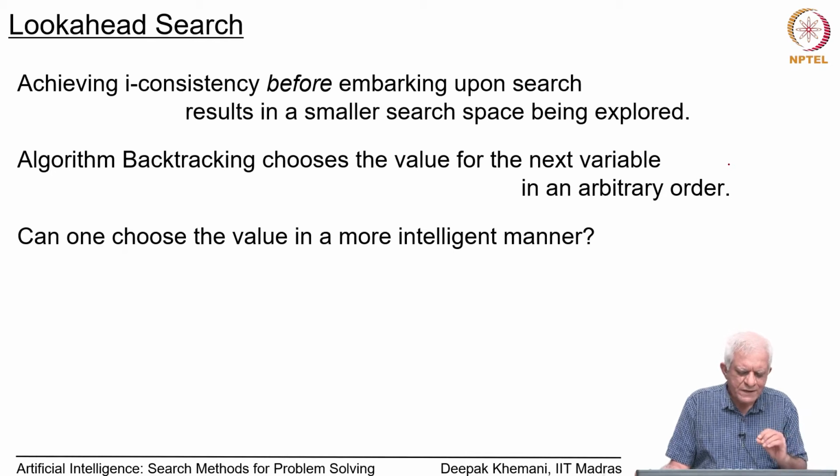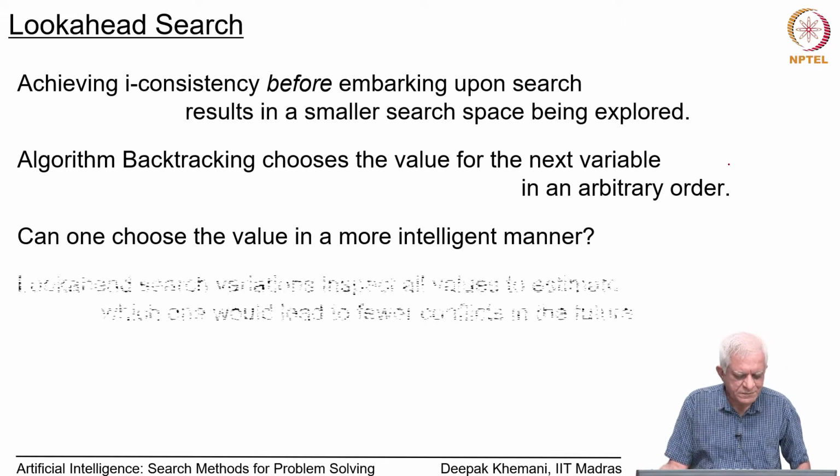So, can we choose the value in a more intelligent manner? By this in look-ahead search we mean we are considering the value and whether we accept it or not, can we do that in a more intelligent fashion. What backtracking did was that for that value you checked whether it was consistent with the past or earlier variables. What look-ahead search does is it also looks at future variables and sees whether it is a good value for that. So, either you select it or you do not, and that is how it works.